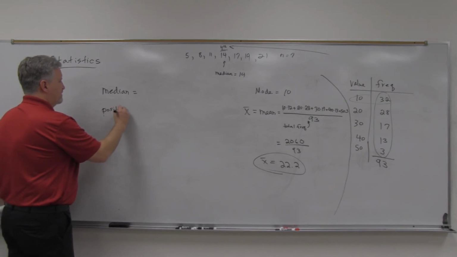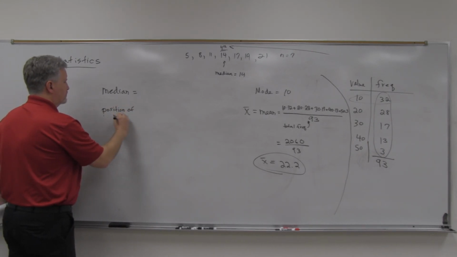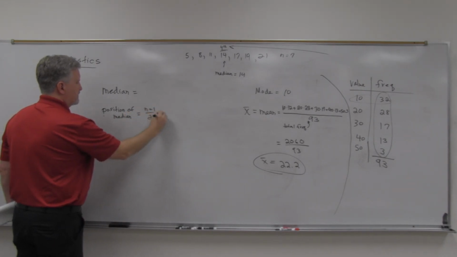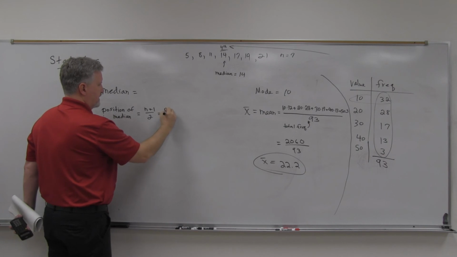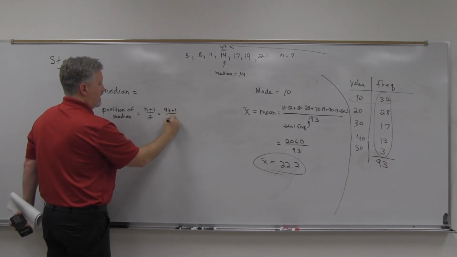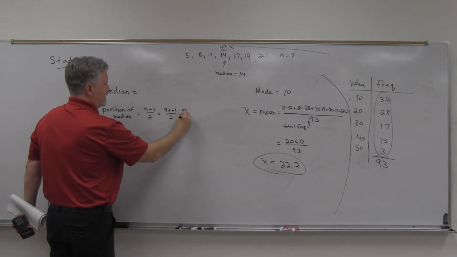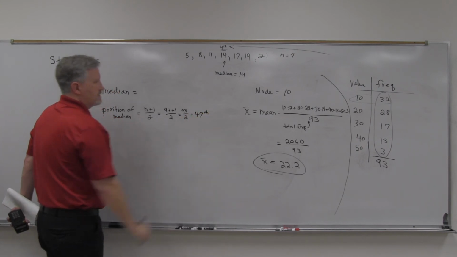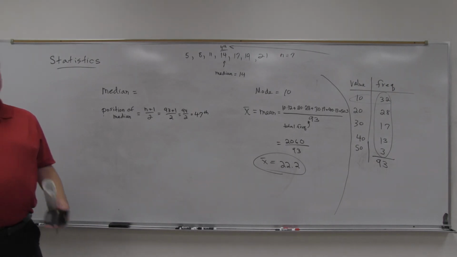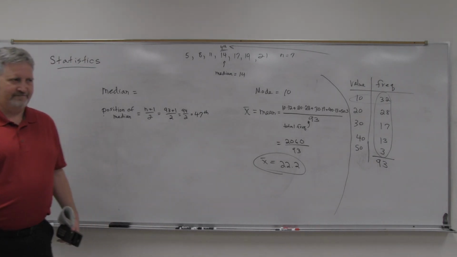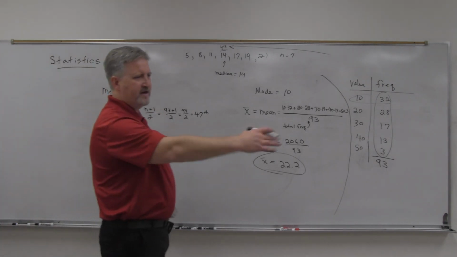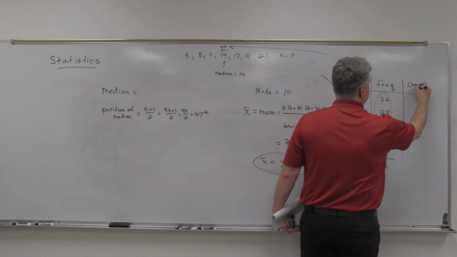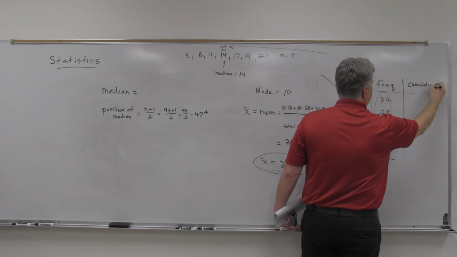The position of the median, you do the n plus 1 divided by 2, so that's the number of values there are, which in this case is 93. Plus 1, that gives you 94 divided by 2, which is 47. So the median's not 47, it's in the 47th position. If you want to write them out, get to the 47th one. Or let me do the cumulative frequency here to help me figure that out.